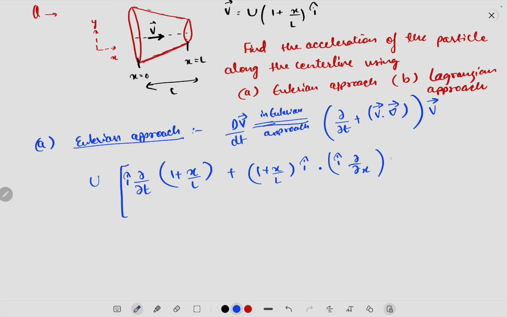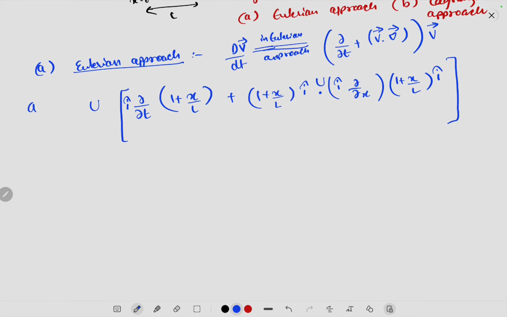What is V vector? V vector is u, so we can see here that u will come twice. Since I have taken one outside, I will write one here. So u i hat del by del x, and what is V vector? V vector is this one, u (1 plus x by l) i hat. u I have already taken here, so this will be (1 plus x by l) i hat. Okay, correct? All right. So we are finding the acceleration vector using the Eulerian approach.